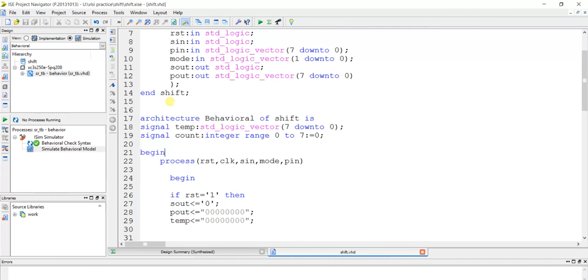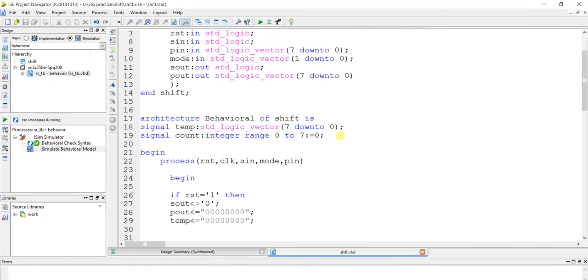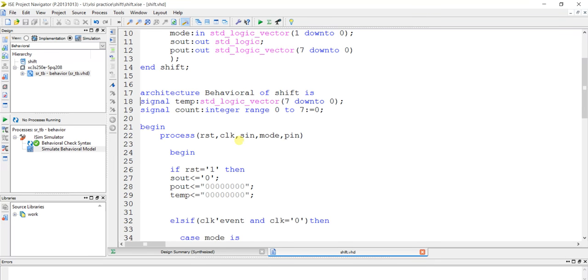As I have mentioned in the diagram, to hold my 8-bit parallel output and shift it by 1 bit, I am using a temp variable temporarily. You can create a signal also; I have created a signal here which acts as a variable itself.